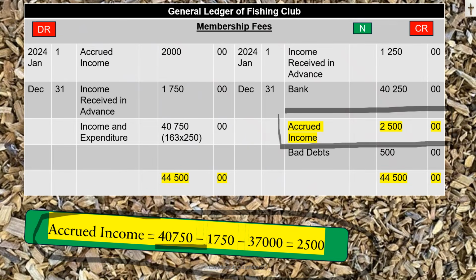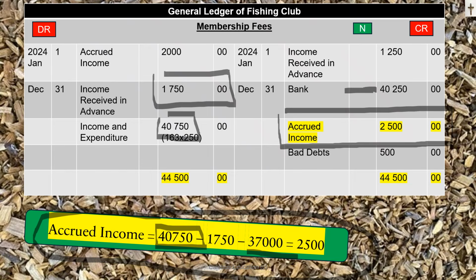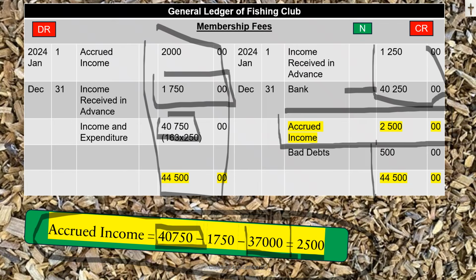I said the 40,750 minus the 1,750 minus the 37,000, which is the cash for the current year, is equal to 2,500. Otherwise, if you've got all these other numbers here, you can solve for accrued income, because this is the missing number. So there are two ways. You develop your own methods as you practice.